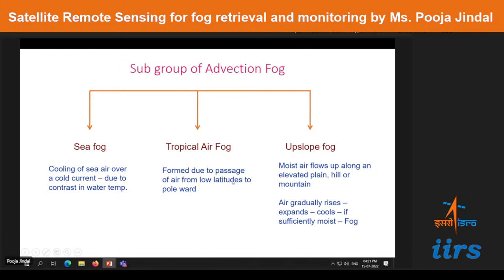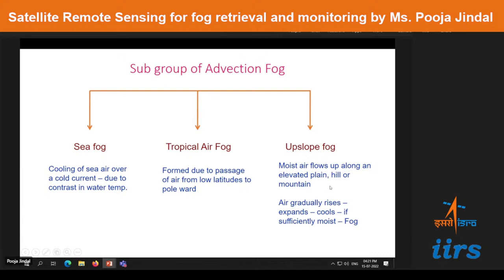So when the air moves from the lower latitude region to higher latitude region, because of contact with the lower temperature of the Earth's surface, air may cool down to dew point temperature, leading to the formation of fog. Then coming to the upslope fog, again as the name suggests, it forms over sloping areas. It forms when the warm moist air moves along a hill or a mountain or some elevated plains.